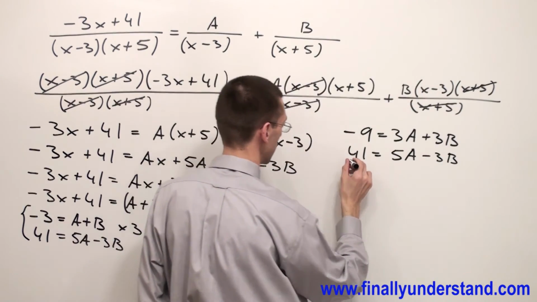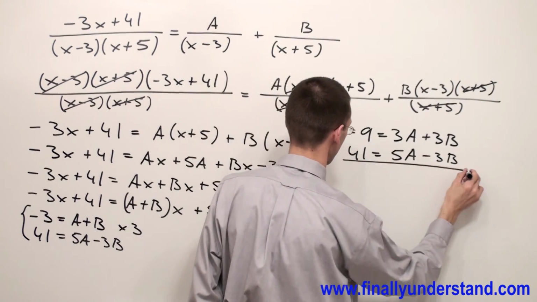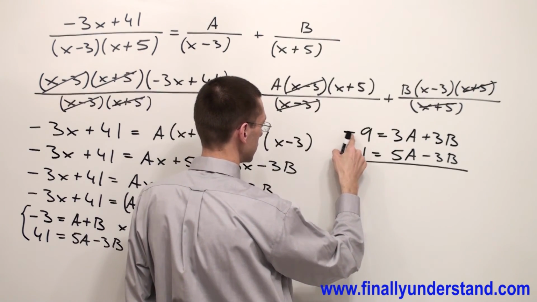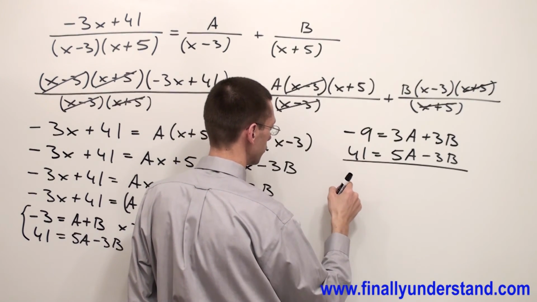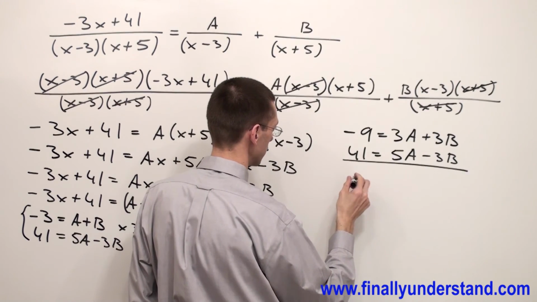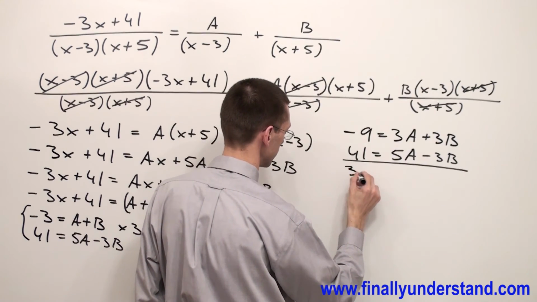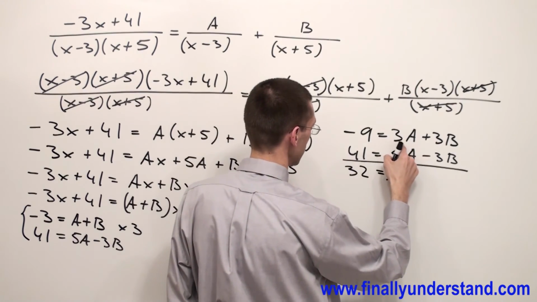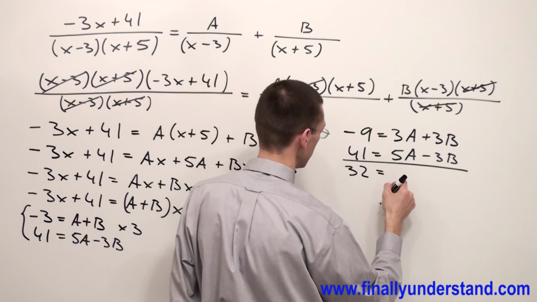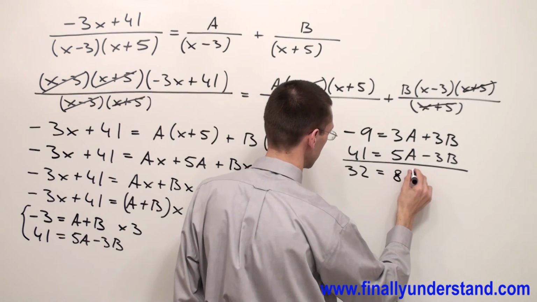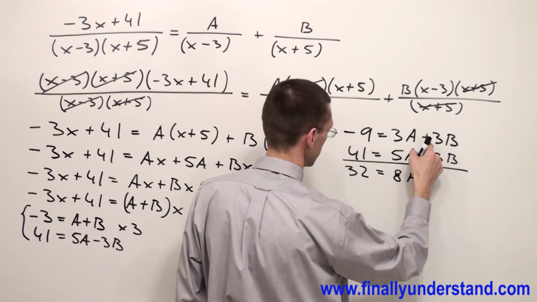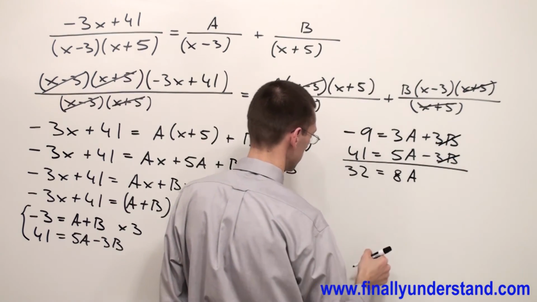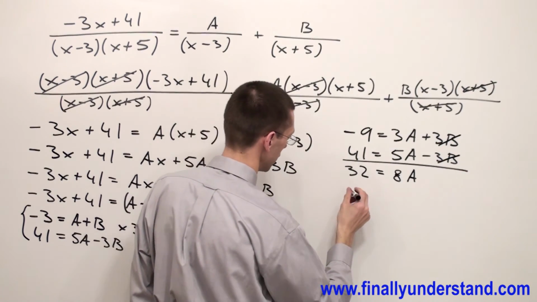Next, I'm supposed to add these two equations, and I'm going to have negative 9 plus 41 is equal to 32, equals 3a plus 5a is equal to 8a. Positive 3b and negative 3b are going to cancel each other. It's going to be equal to 0.